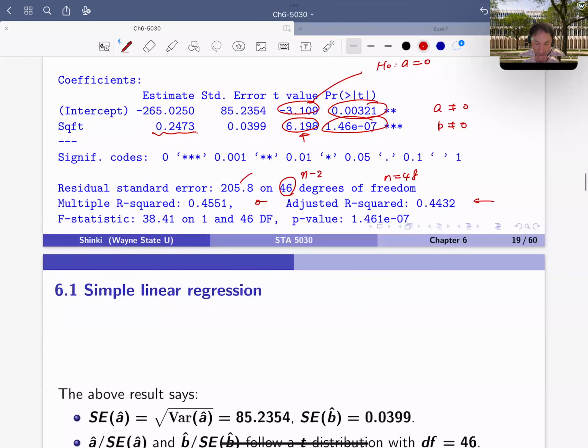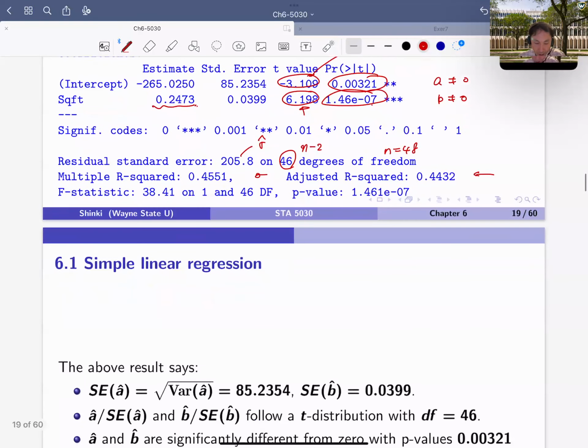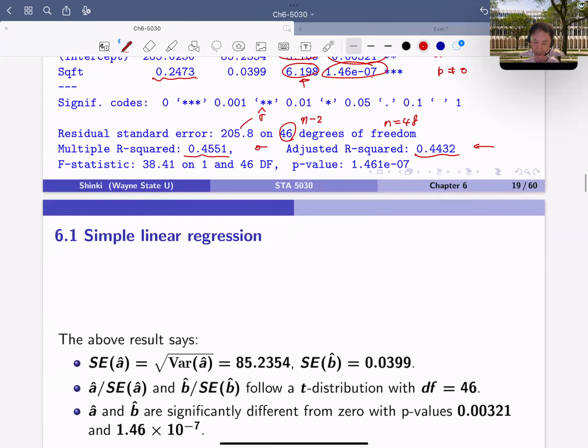This is the estimate for sigma, so sigma hat, the square root of the sigma hat square. And the adjusted R squared and multiple R squared, I will explain later: 0.45, 0.5.